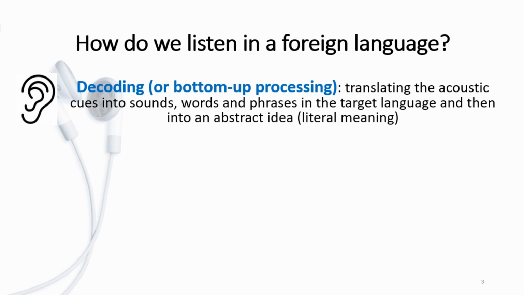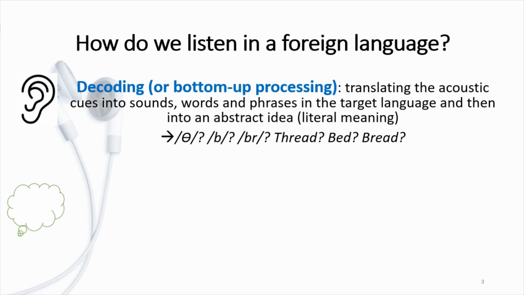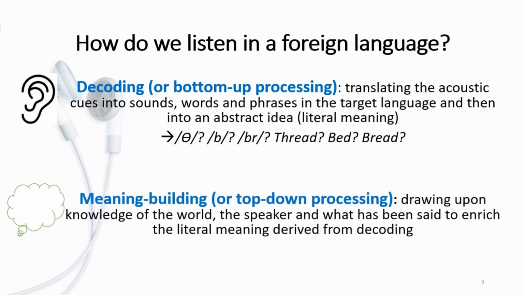The second type of processing is called meaning building or top-down processing. Top-down processing refers to drawing upon knowledge of the world, the speaker, and what has been said to enrich the literal meaning derived from decoding. For example, we may remind ourselves of what the theme of a spoken text is to make sense of a word.